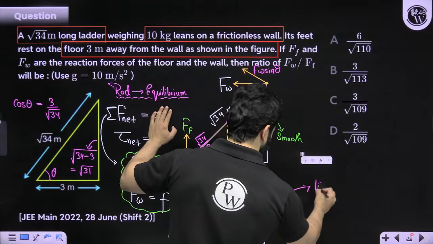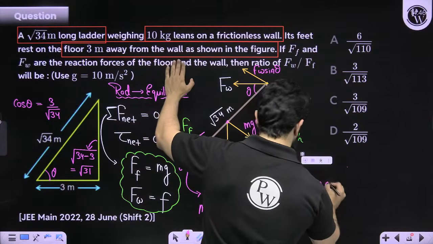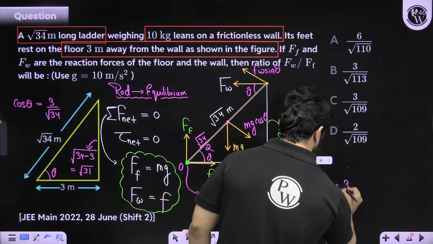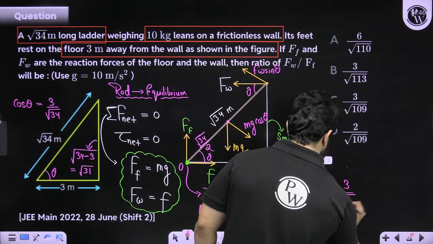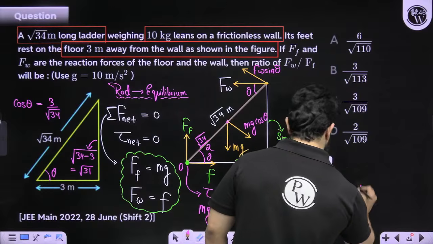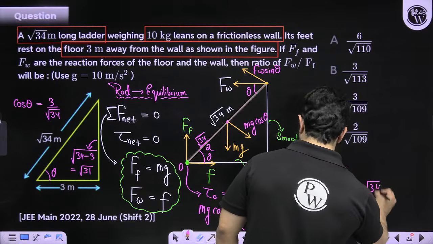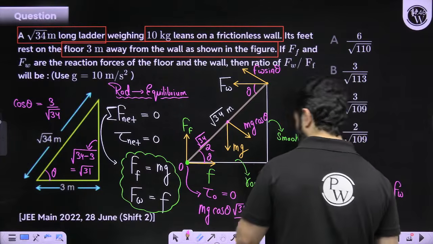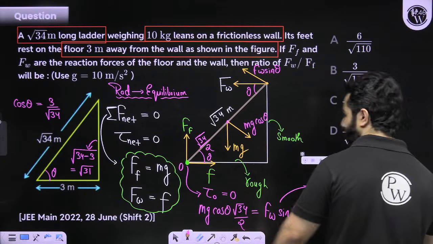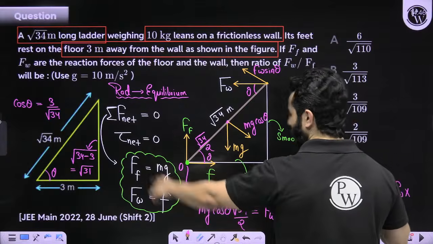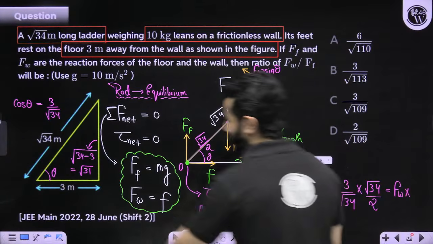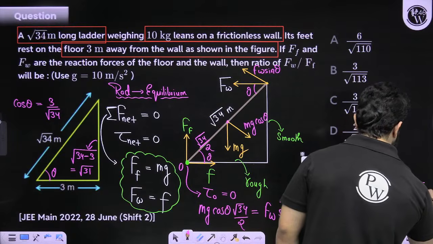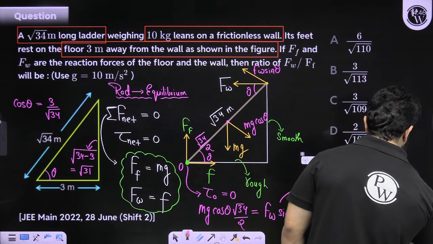Mg is, this was 10 kg, so 100 into cos theta. So cos theta is 3 by root 34. 3 by root 34 times root 34 by 2 is equal to Fw times sine theta, and sine theta is going to be, my dear friends, perpendicular upon hypotenuse. That means root 31 divided by root 34.